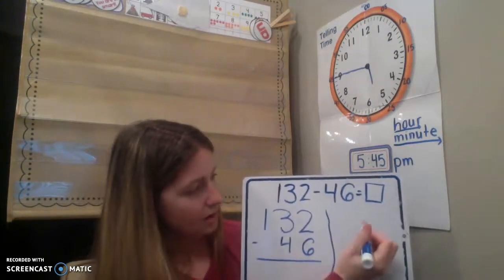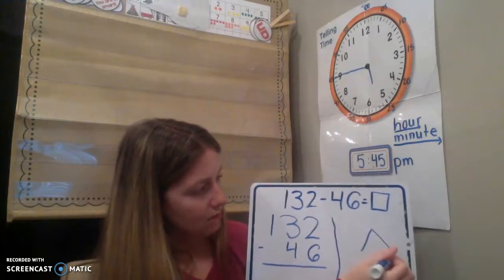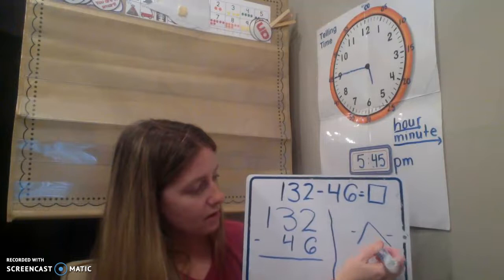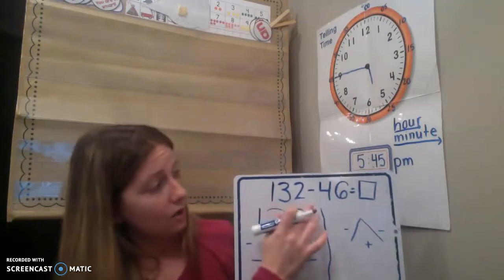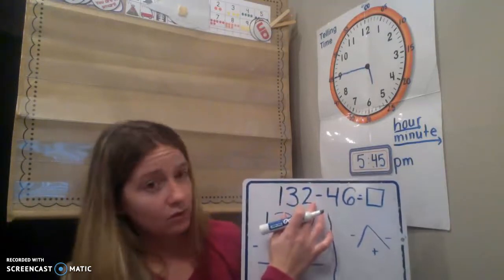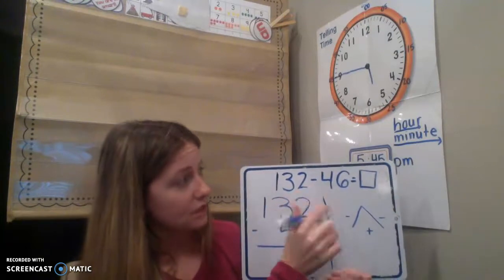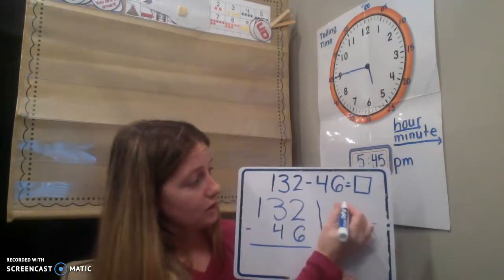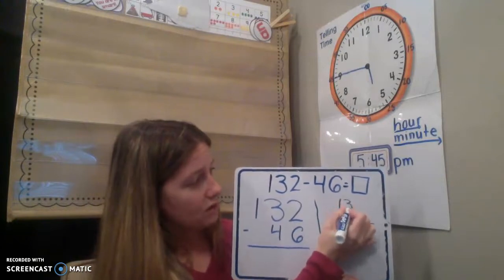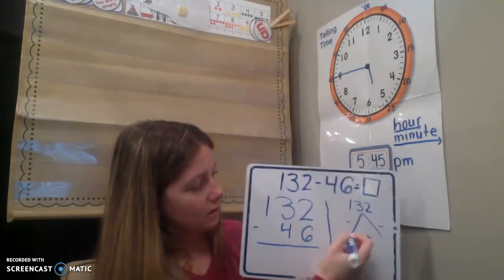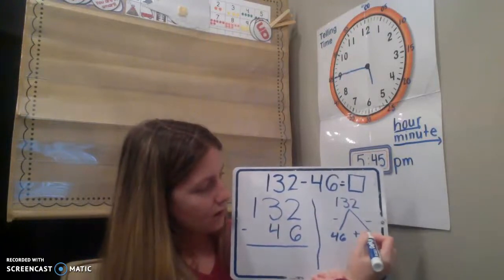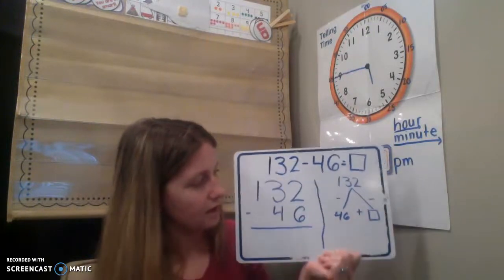And we could show it in our math mountain. So in my math mountain, I know that this is my total from my equation, because I don't want a bigger number than 132. So I'm going to put 132 at the top and 46 at the bottom. And here's my unknown addend.